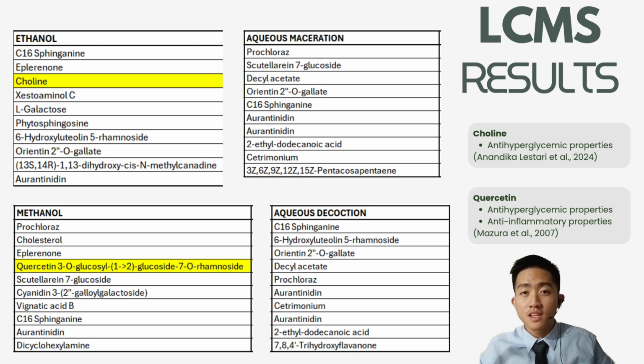For methanol sample, there is one compound responsible for both anti-hyperglycemic and anti-inflammatory activities based on previous studies identified, which is quercetin. There are no compounds responsible for anti-diabetic and anti-inflammatory activity present in the top 10 list for both aqueous maceration and aqueous decoction sample.